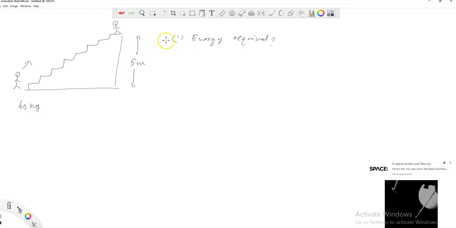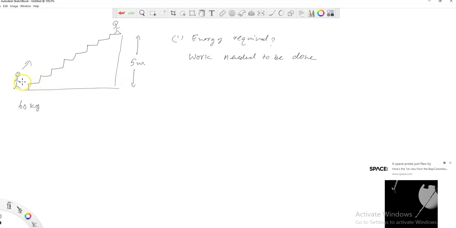Now to find the energy, let's calculate the work needed to be done. If we calculate the work, that gives us the amount of energy he needs to spend, right? So we'll calculate the work. How do you find the work?